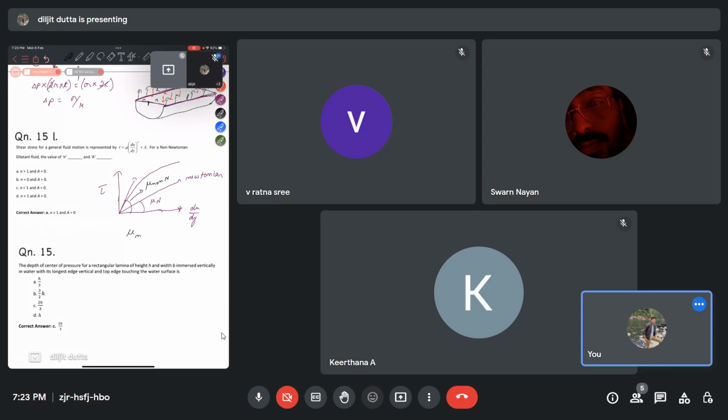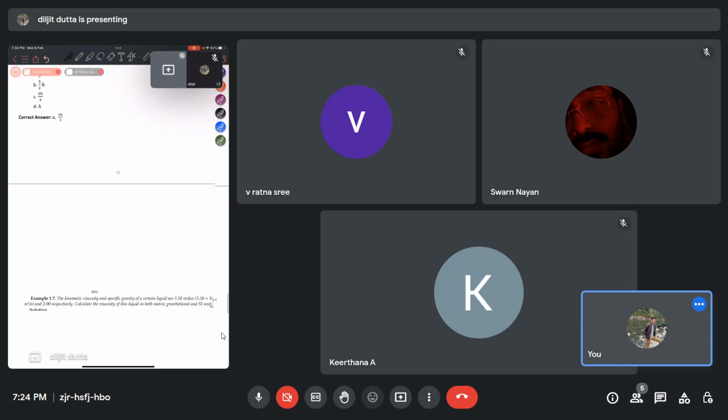So mu non-Newtonian is greater than mu Newtonian, and also tau is non-linear, so n is greater than 1. So here the correct option is n is greater than 1 and a is equal to 0 since the intercept is 0. This is a non-Newtonian dilatant fluid. I hope this is clear.